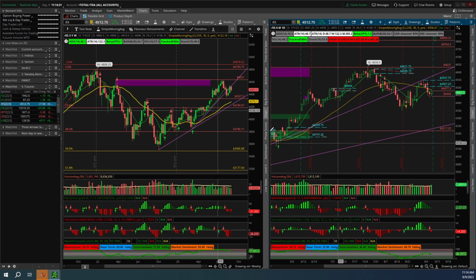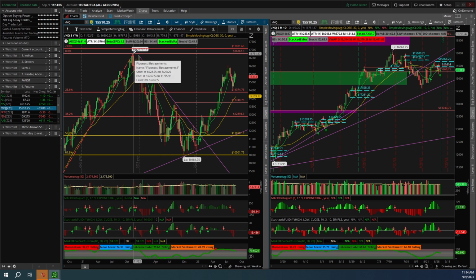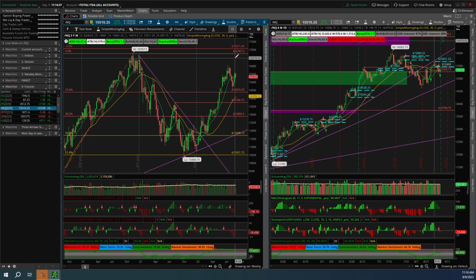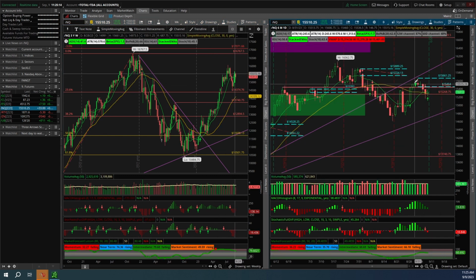We'll see. Okay, NQ, you see that there's a level of resistance in the weeklies right here at 16,767. Now in the dailies, we see for NQ that we are moving down in the last 5 days. So there's a doji here that broke to the downside.